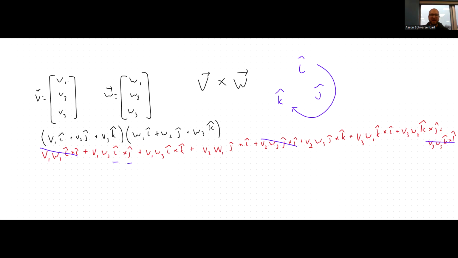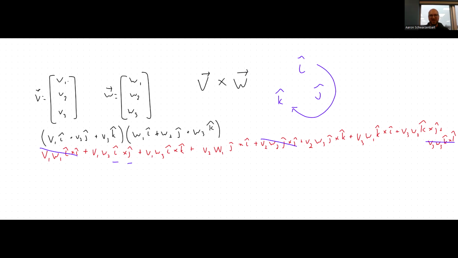That's why I like this. But that right-hand rule becomes necessary when you get into advanced physics and you're talking about vectors that are not in i, j, k.